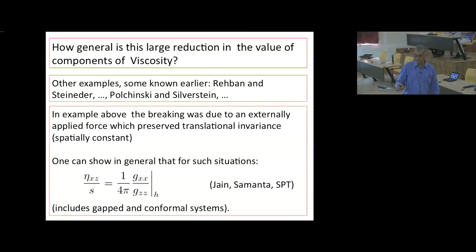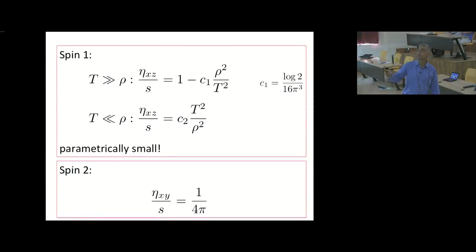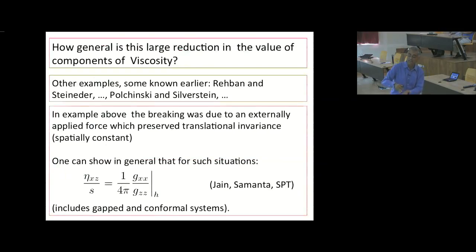And that is why you get a behavior like some power, in this case, second power. In other systems, you may get other powers, but at small temperature compared to anisotropy, this can always become very small. So that was a general result that came out quite generally.